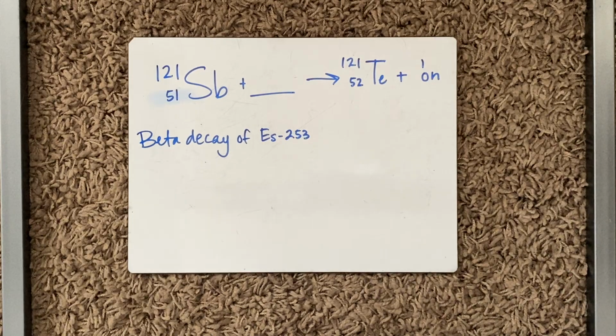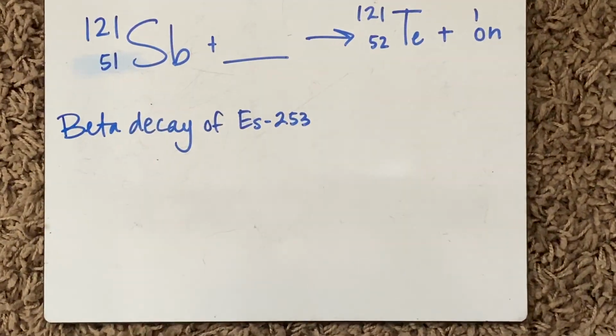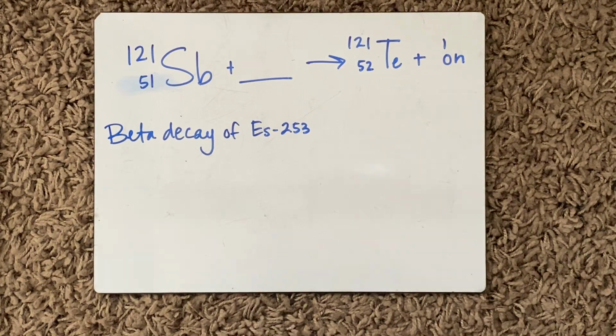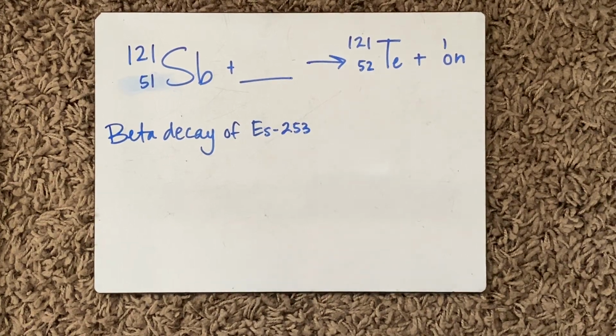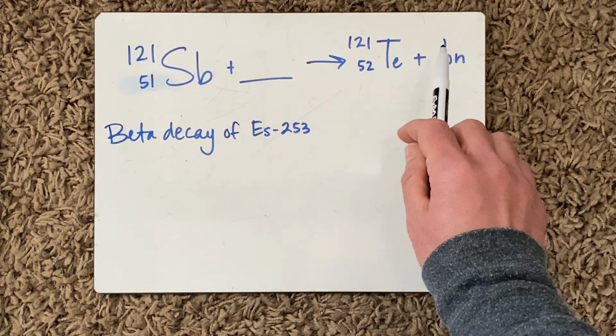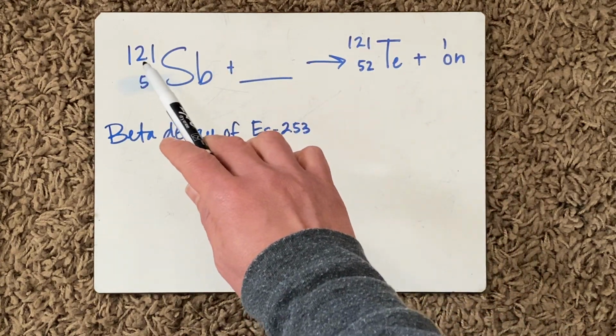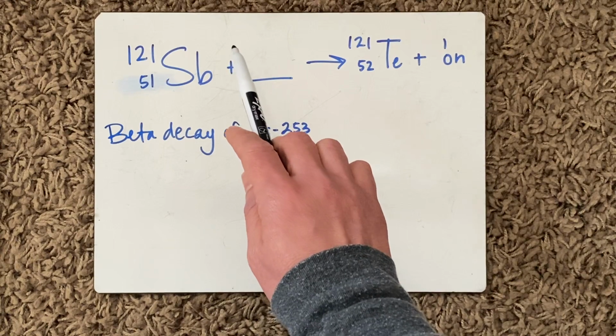Okay, here we've got another nuclear equation. This one has more items in it, so let's just make sure that both sides add up. So on the product side, we've got 121 plus 1, that equals 122. On the reactant side, 121 plus what makes 122?